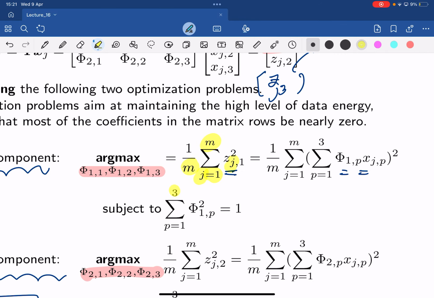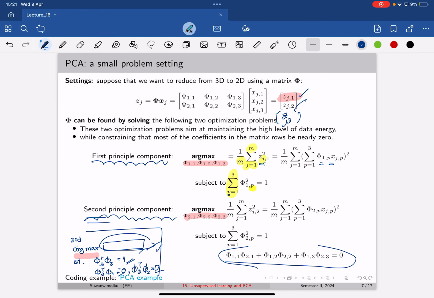Meanwhile, the constraint only provides a restriction on the feature dimension. And please don't forget that P is the reduced feature dimension. All right, that's the original setting of the problem.